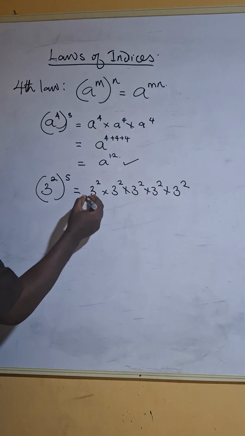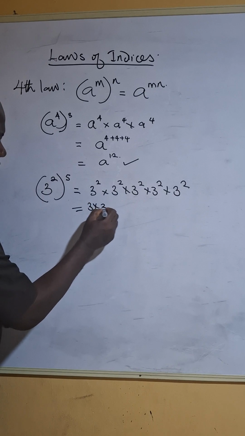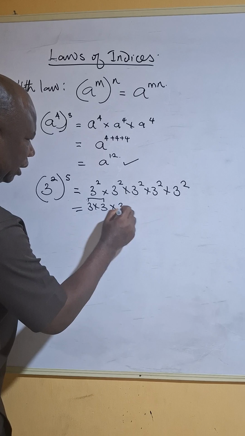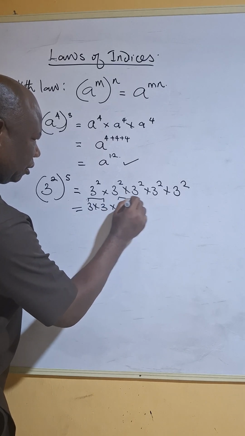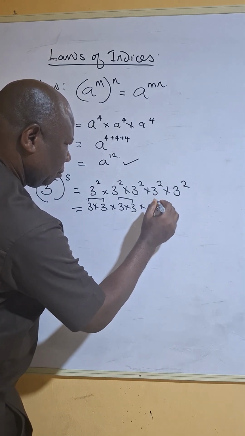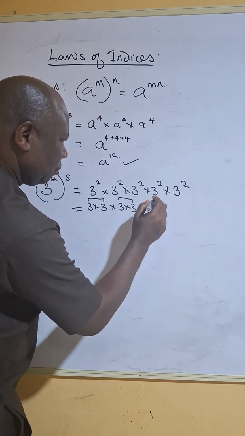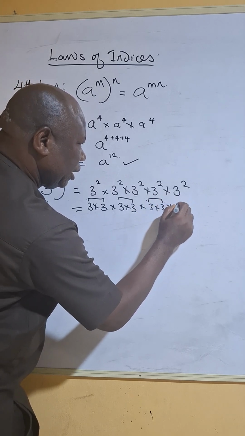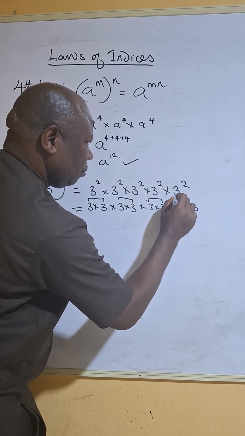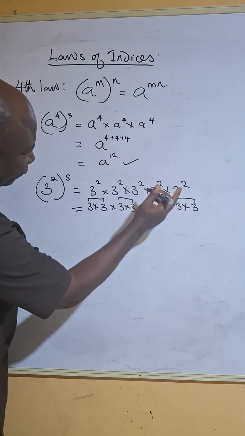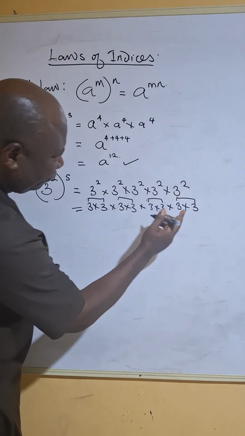And at the end of the day, we have 3 times 3, times 3 times 3, times 3 times 3, times 3 times 3. Let's count: 1, 2, 3, 4, 5. 1, 2, 3, 4.